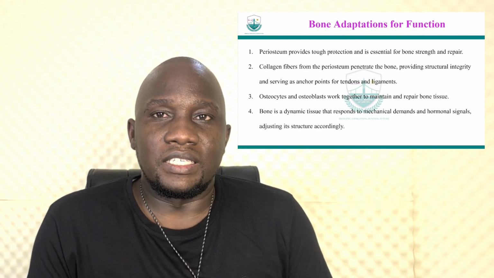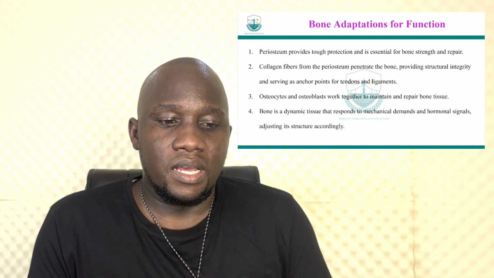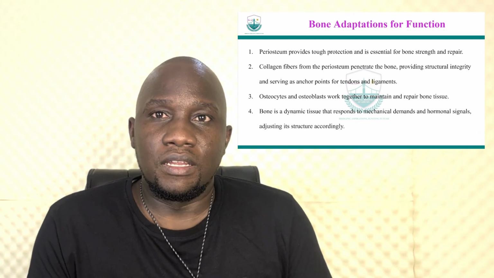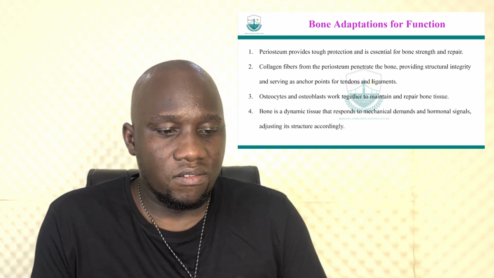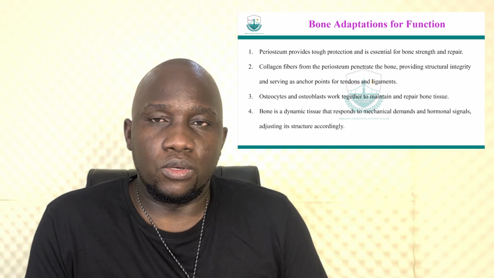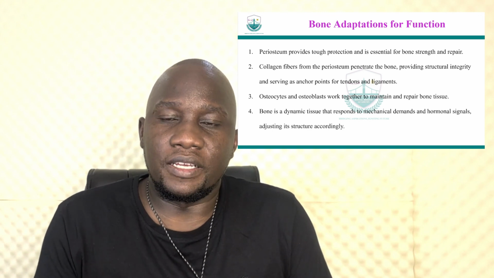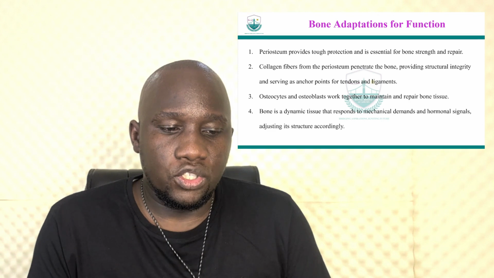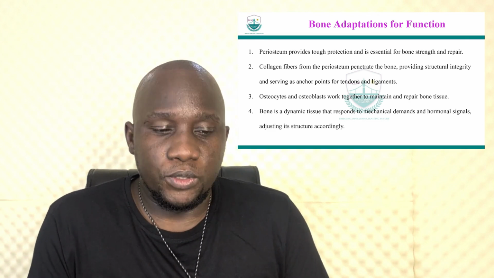One is that the outer covering of the bone is the periosteum. This is tough and therefore provides protection. The collagen fibers contribute to the strength that bones have. And then the osteocytes and the osteoblasts are very important in repairing bone tissue. Remember the osteoclasts are the ones that are involved in resorption.